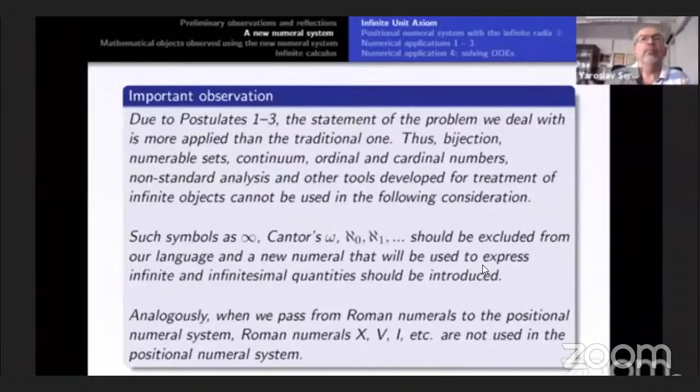So we have introduced our postulates, and as a result, we are not able to use such concepts as bijection, numerable sets, continuum, and to use these symbols. Analogously, when we pass from Roman numerals to the positional numeral systems, these symbols are not used.